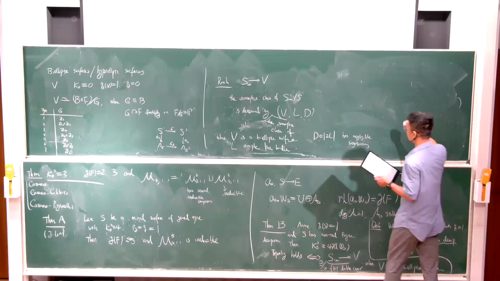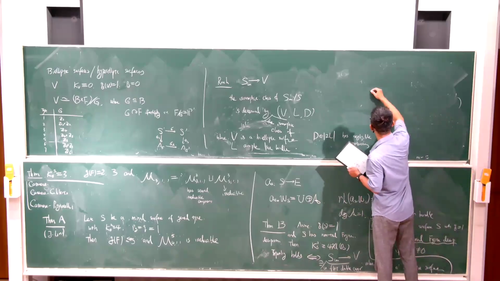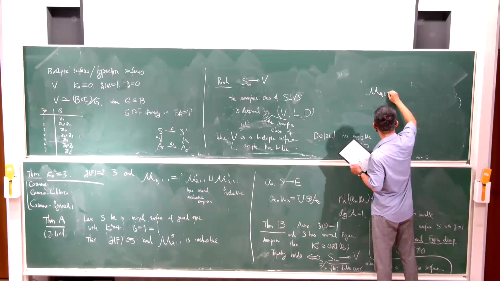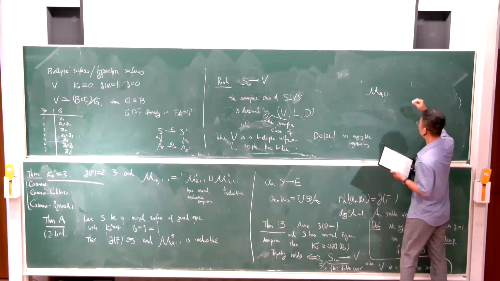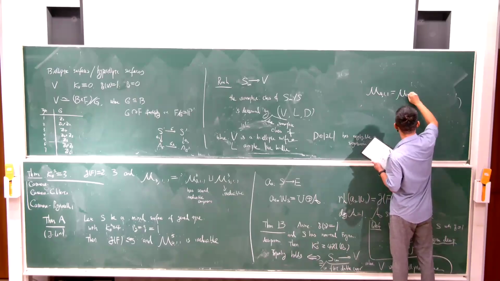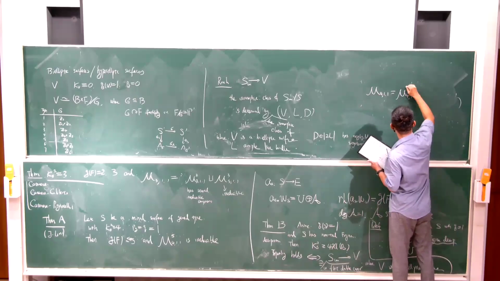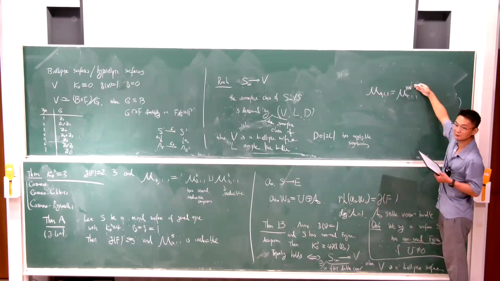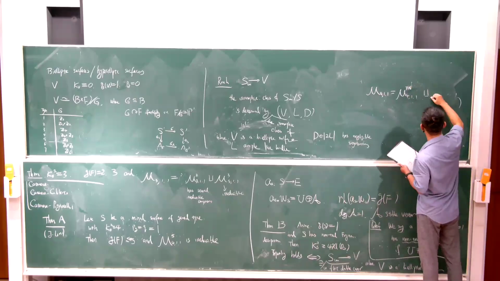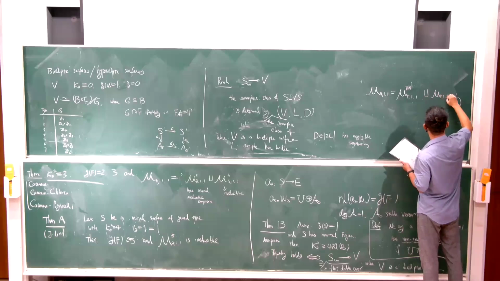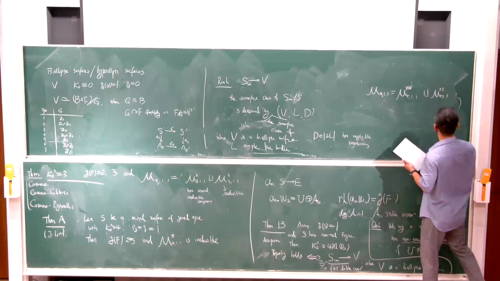Okay. So then I can say that this M4,1 has some further decomposition. This is Fujita non-trivial, Fn means the Fujita non-trivial, and the disjoint union of Fujita trivial.